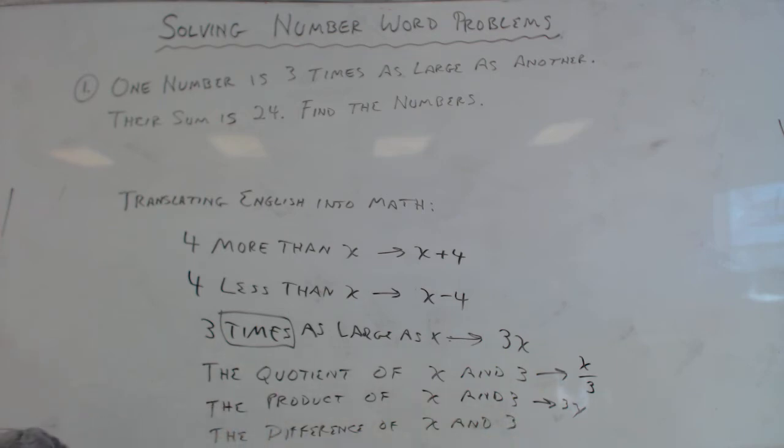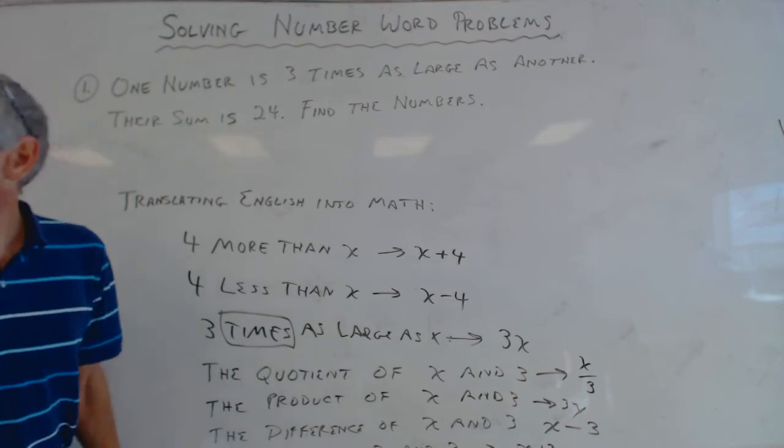When they say the difference, you take the first one and subtract the second one from it. And then what if I said the sum of x and 3? X plus 3. Exactly. It's not that hard, right?